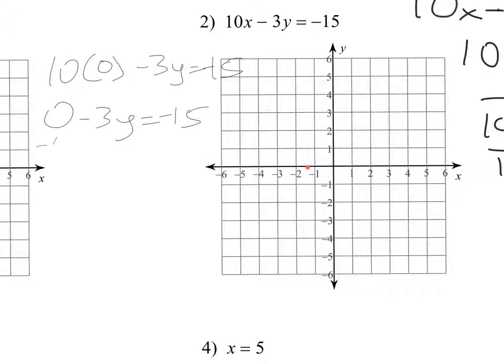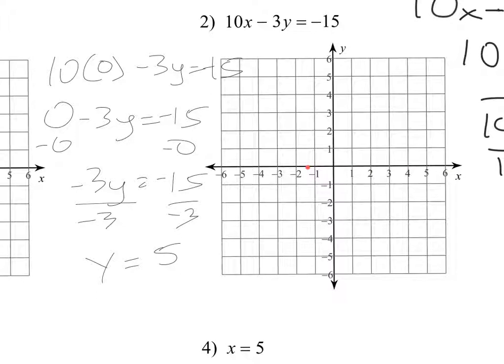I'm going to subtract 0 over. Negative 3y equals negative 15. Then we're going to divide by negative 3. y equals positive 5. And so I'm going to make a dot at y equals positive 5, which in case you couldn't see is right there.